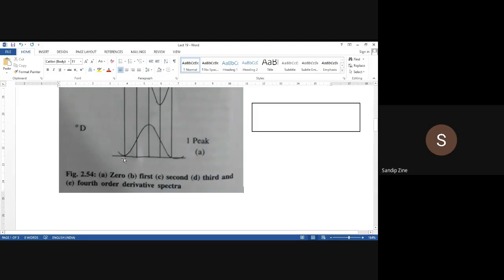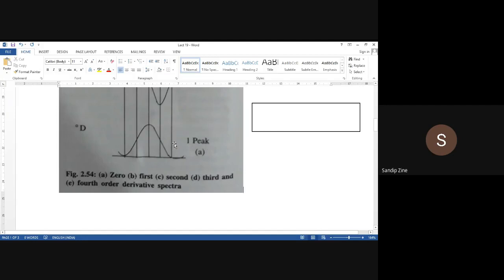So here, if you are considering normal spectrum, absorbance versus wavelength, this is, for example, one peak we are getting, isn't it? This is a normal scan of a given compound, or whatever we are analyzing on the spectrophotometer. That's why we mention it as 0D, or one peak, or normal spectrum, zero order spectrum.